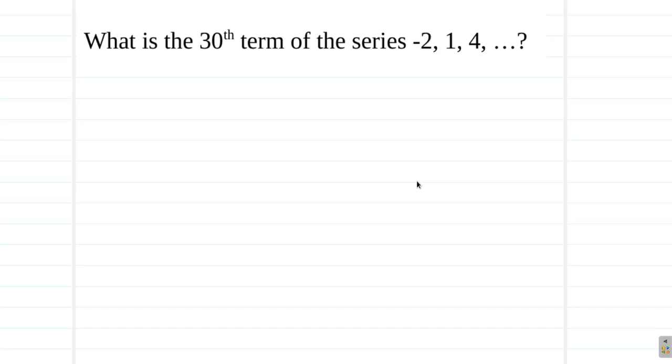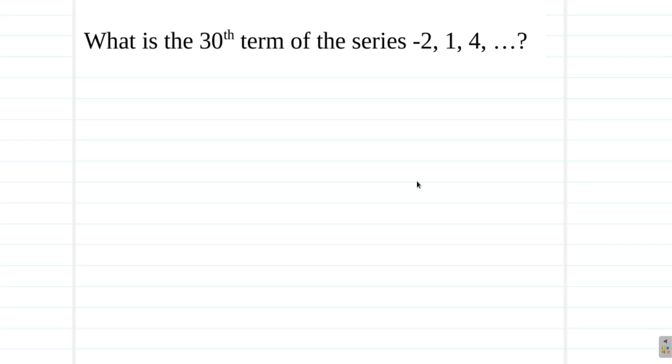We have this question: what is the 30th term of the series negative 2, 1, 4, and so on and so forth? Now, you have two main types of series: arithmetic series and geometric series.